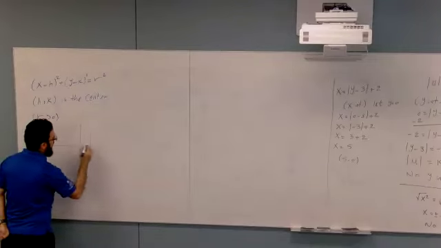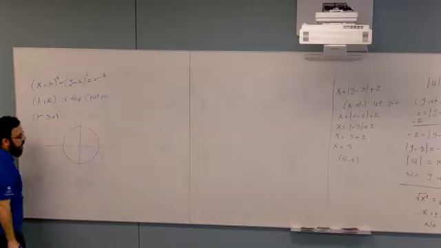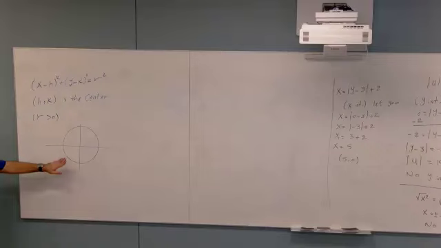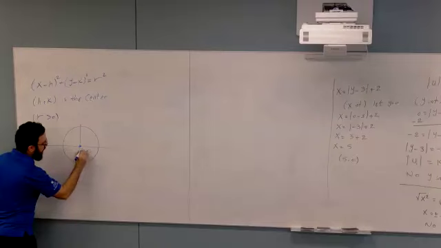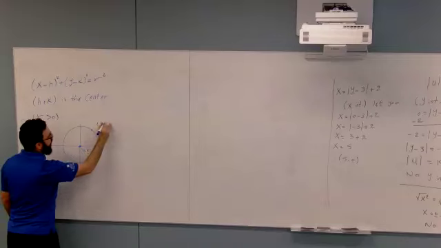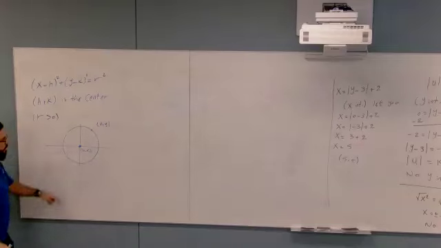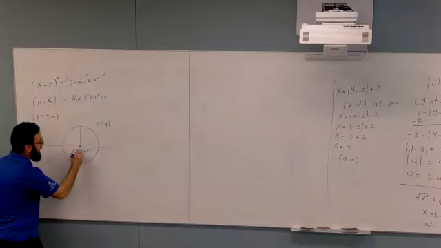So a simple example here. Here is a circle. Here's the center, which is h and k. Here is a point with x, y, with the x here and the y here.